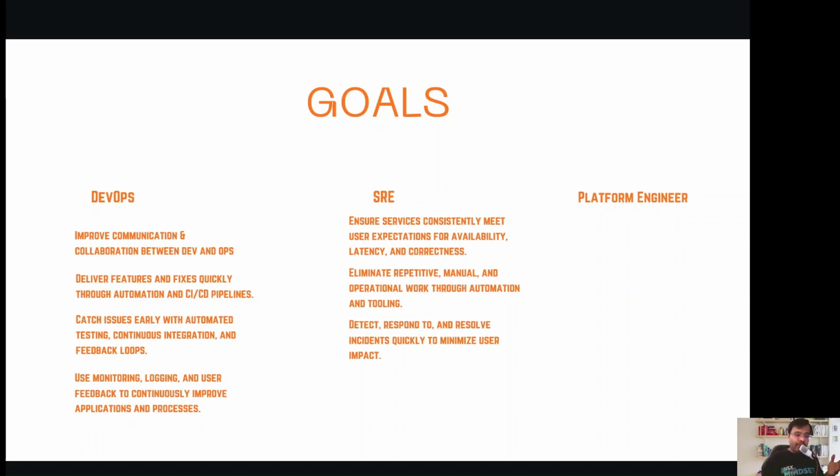Now their goal is also to identify, respond to, and resolve incidents as soon as possible to minimize the user impact. That means if you have a production issue which is a priority 3, their goal is to avoid P1 and P2 issues.